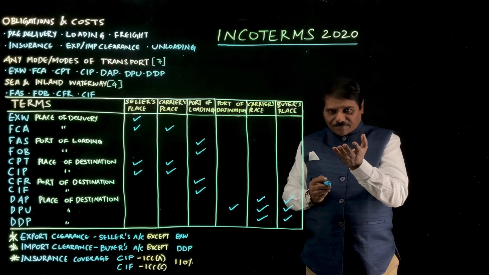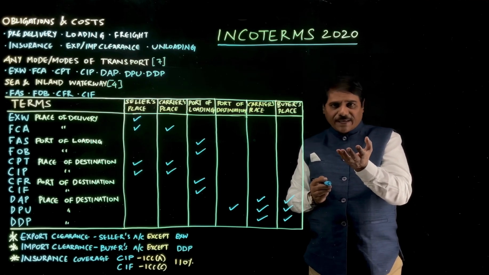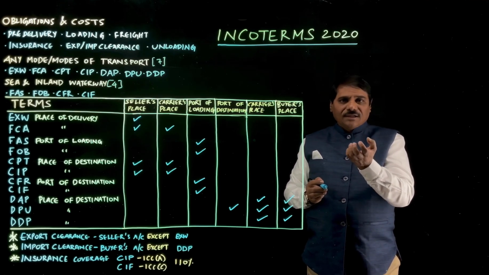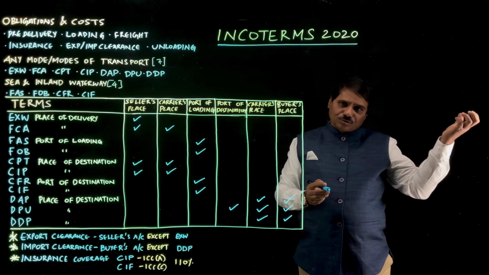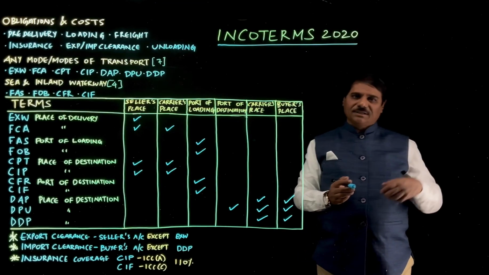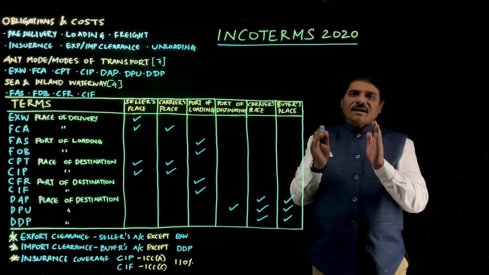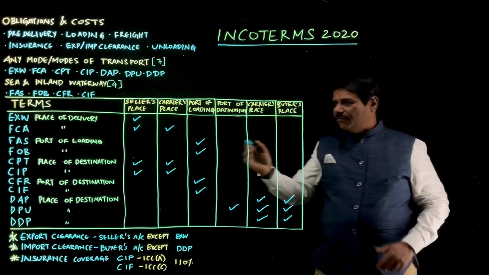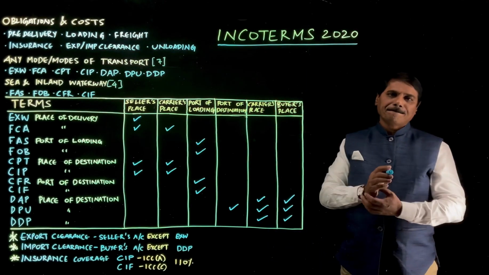Once the shipping company takes over the charge of the goods from its premises, that shipping company will take the goods to Dubai. So who is appointing the shipping company? The buyer is appointing the shipping company. The seller has a role only to deliver the goods up to this place.